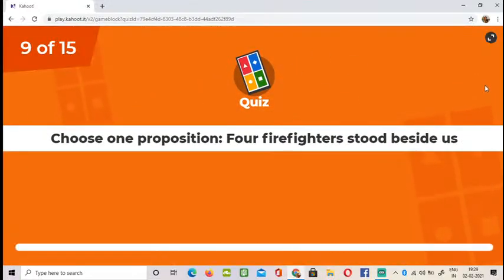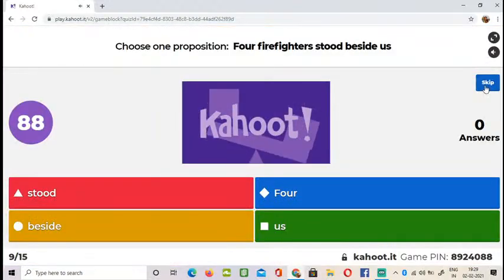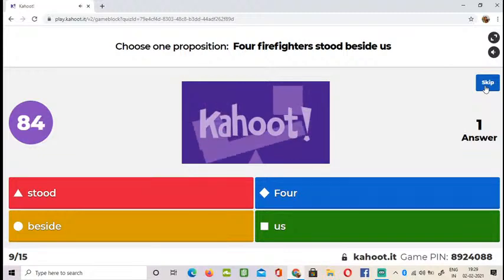It's also a preposition. You have to choose a preposition from: Four firefighters stood beside us. Come on, guys.